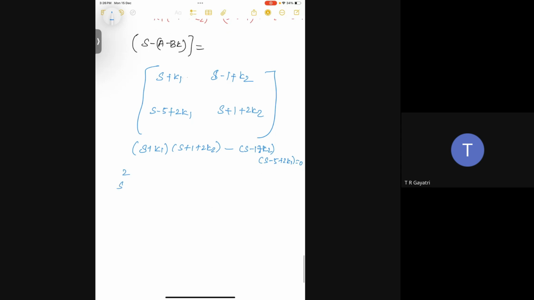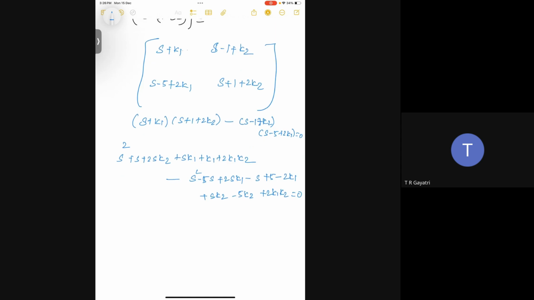Expanding gives s square plus s plus 2s k2 plus s k1 plus k1 plus 2k1 k2, minus the other product terms.